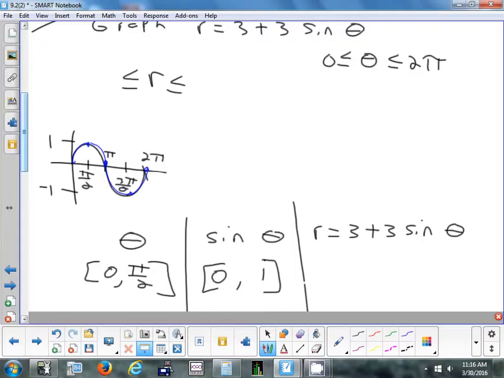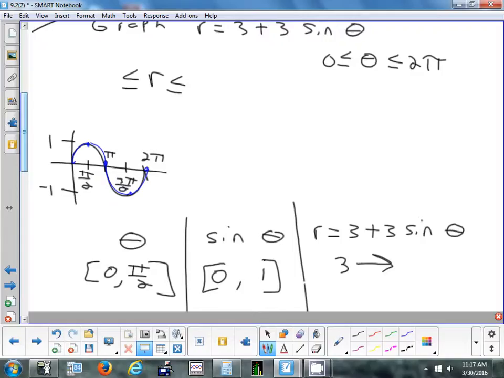So now let's figure out what's going to happen here. Sine starts at 0. So 0, what's 0 times 3? 0. Plus 3? 3. Okay, so my radius is going to start at 3, and it's going to end, well, sine goes up to 1.